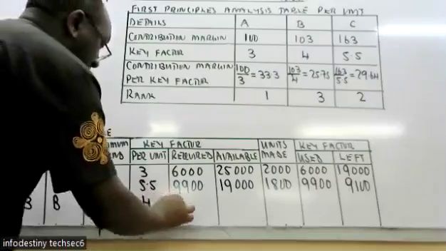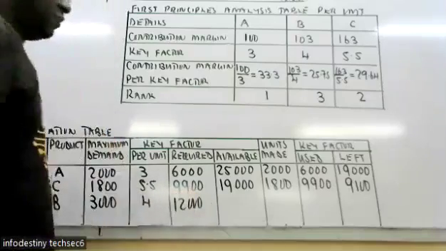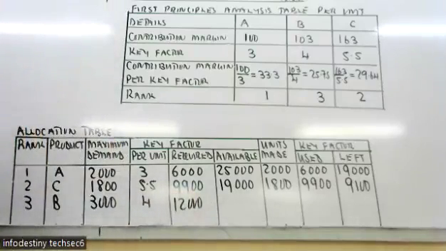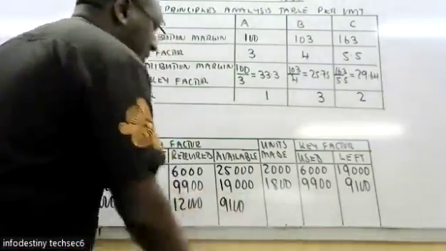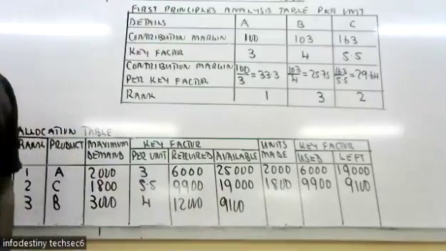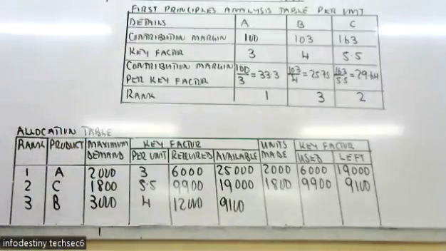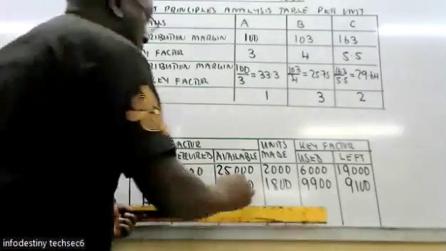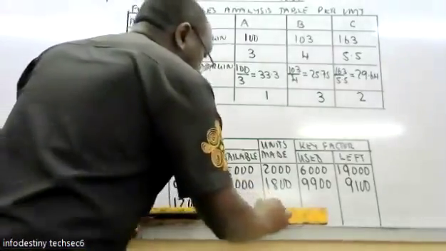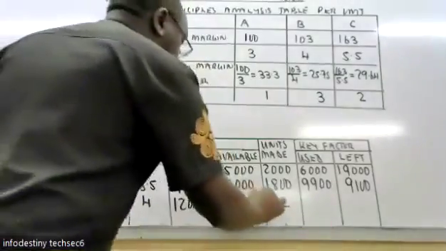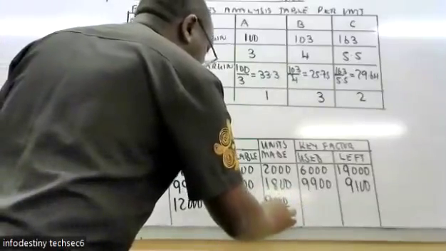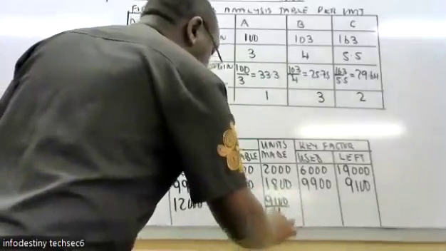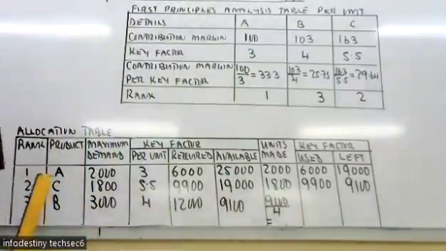And that means we require 12,000. And the hours that are available are 9,000. Can we afford? No. So if you cannot afford, what you do to know the units you can make, you say it is 9,100, you divide by 4.